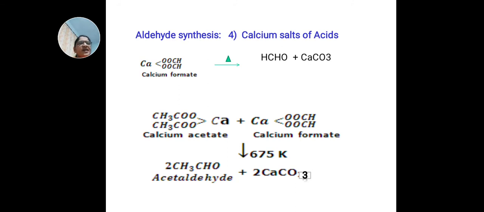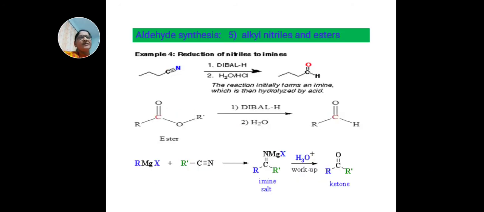Then by heating at 675 Kelvin, it forms two molecules of acetaldehyde, that is 2 CH3CHO, plus two molecules of calcium carbonate. Then the next one, the fifth method, is from alkyl nitriles and esters.